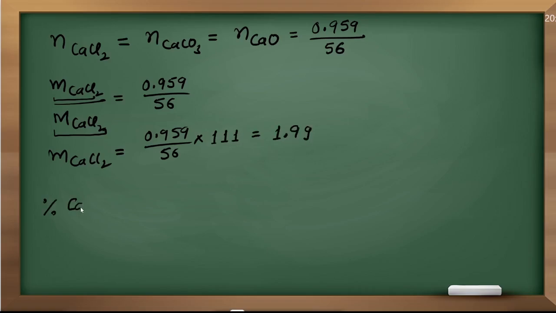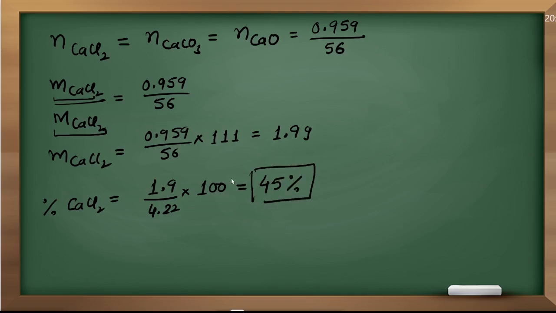So percentage of calcium chloride is equal to 1.9 divided by 4.22 into 100, which is approximately 40. So this is the way to approach the question and solve it.